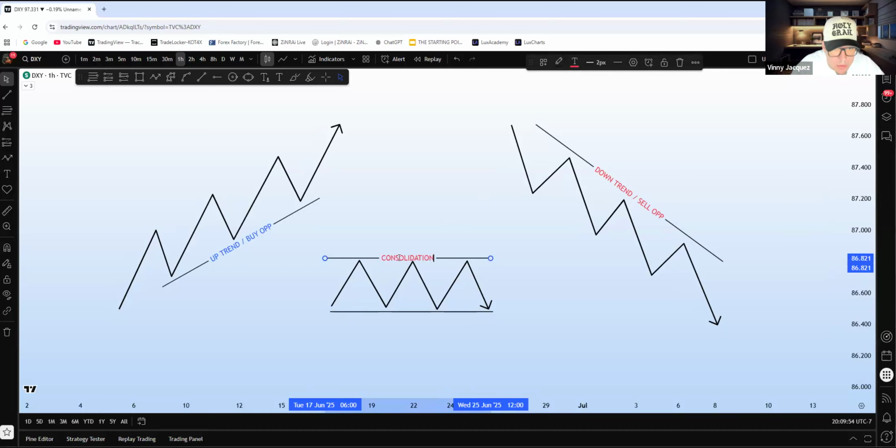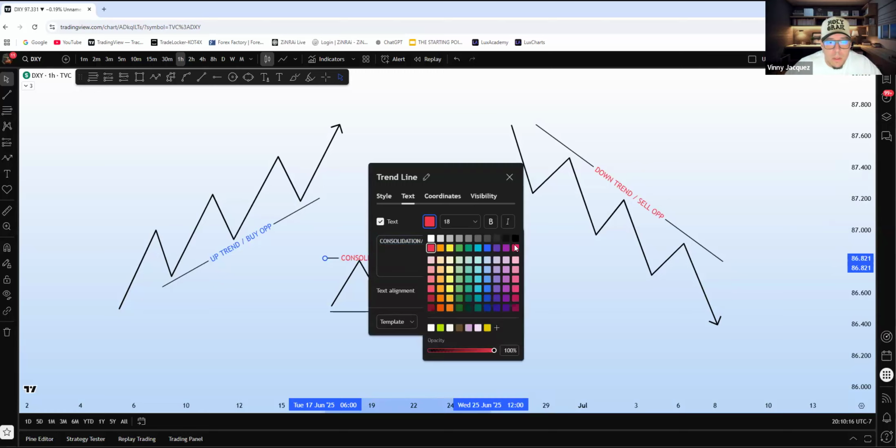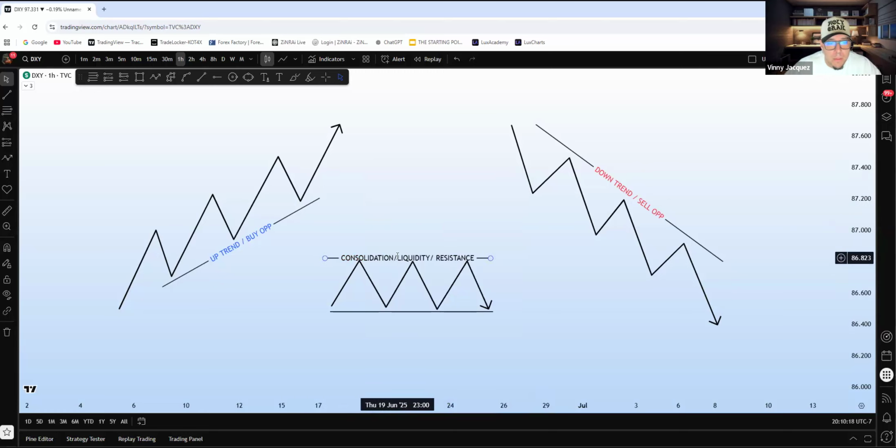Cannot spell today. Consolidation. Liquidity. And I will just leave the first. Let me put one more. And resistance. Can I make this a different color? Just label this black.